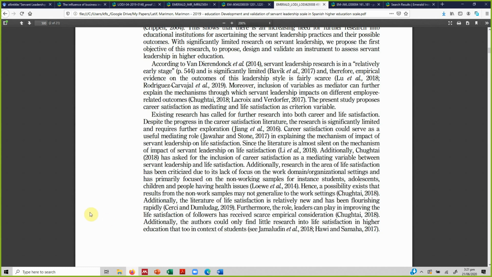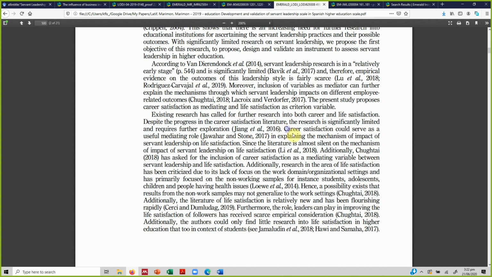So in this case, let's read through this. Existing research has called for further research into both career and life satisfaction. Despite the progress in the career satisfaction literature, the research is significantly limited and requires further exploration. Now, this is the limitation of existing research. Career satisfaction could serve as a useful mediating role.